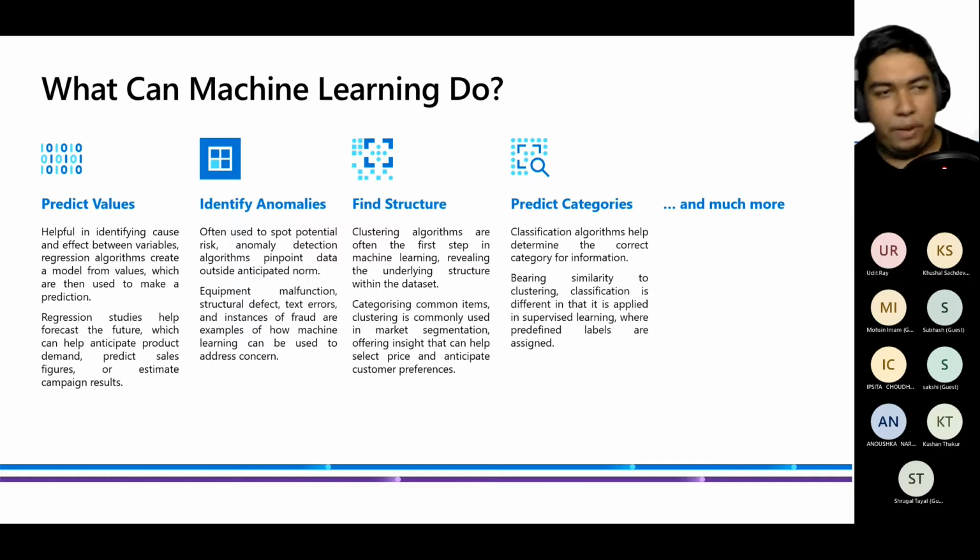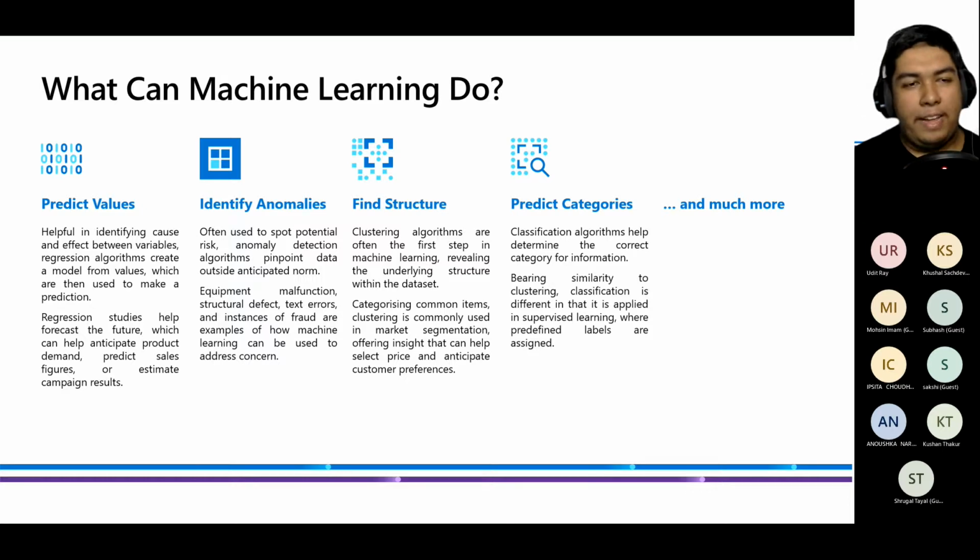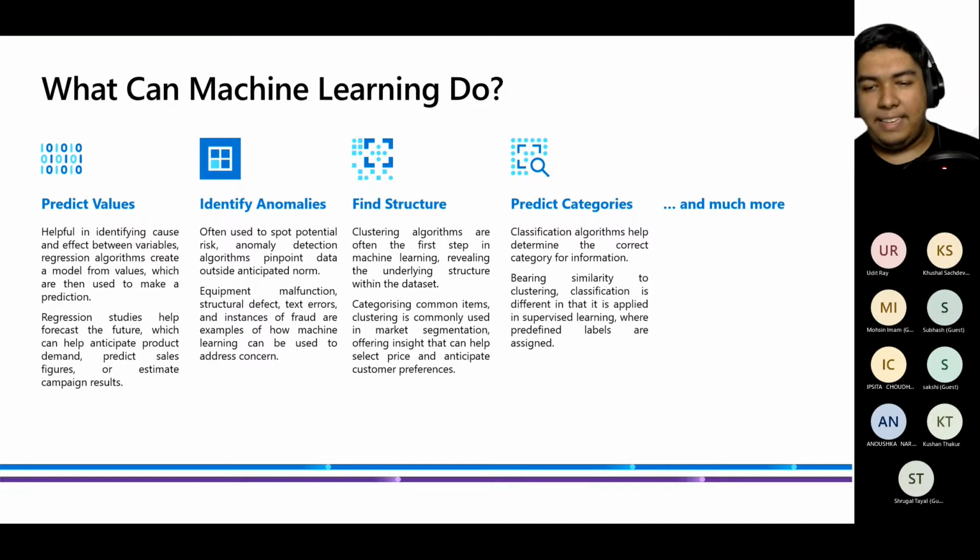So you can identify anomalies like that, or you can use it to find any type of structure, like this is a segment of customers who would like to buy a car or an automobile, and this is a set of customers that only like to buy and look at books. If you want to filter out customers on that basis, you might not be able to do it in a supervised way.